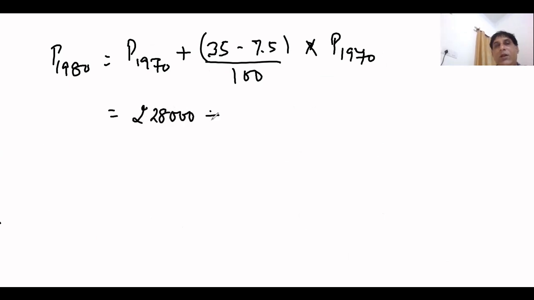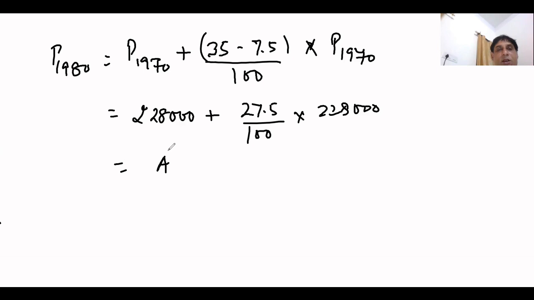So the answer would be 2,28,000 plus this would be 27.5 upon 100 into 22800. 2,28,000. Right.